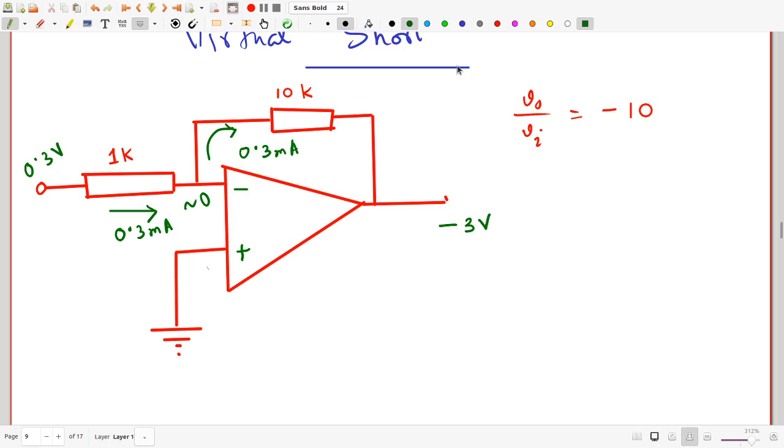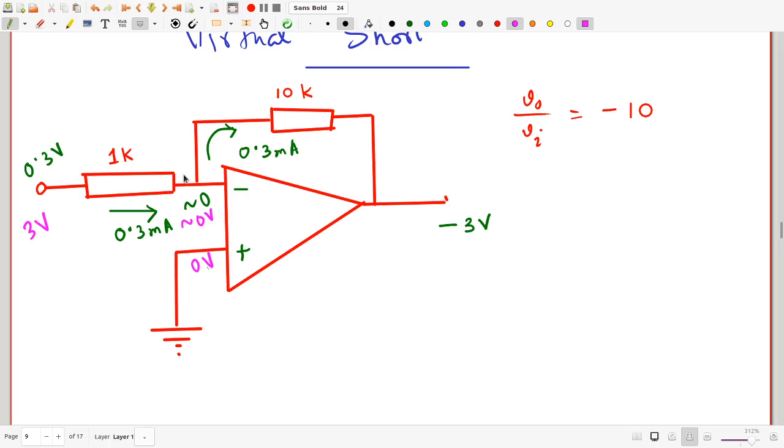Just to show that there could be a problem with this idea, what if we had an input of, say, 3 volts? If we follow the same kind of analysis, this end is at 0 volts because it's grounded, so this has to be, according to our theory, at approximately 0 volts.